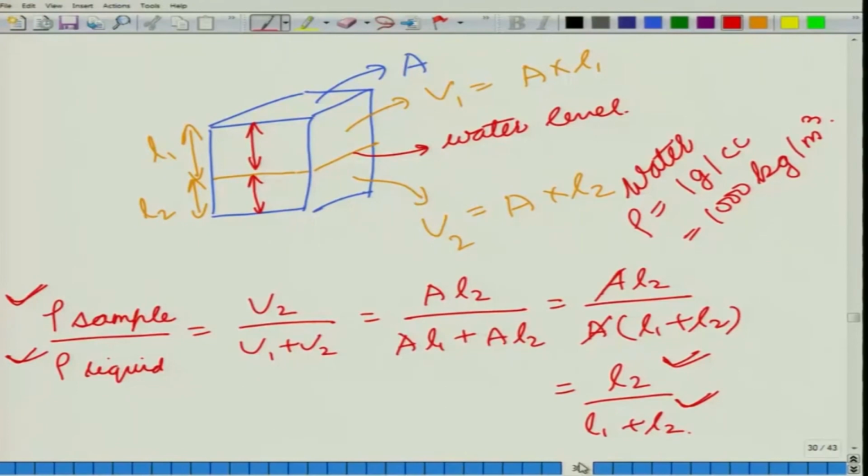So, when we do that, we can get the density of the sample by multiplying by the density of water, and we can get it just by taking these two readings of the length of the sample above the water level and below the water level, because L1 plus L2 is equal to the total length of the sample. So, if you know the length of the sample and you take just one measure of either the portion above water or the portion below water, you can get the density of the sample.